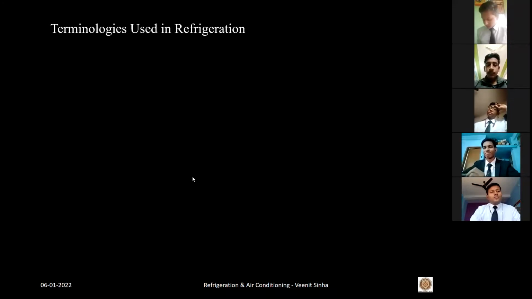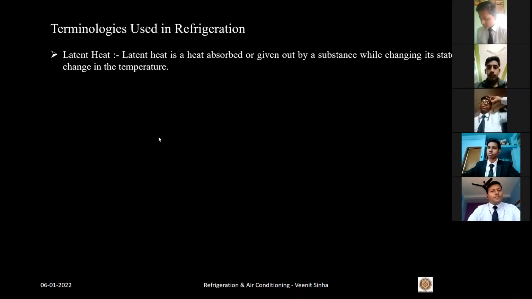Okay, now terminology used in refrigeration. Some basic terminologies, I think, I have already discussed a few when I was teaching you heat. First is latent heat. हमने discuss किया था. We have already discussed when we were having physical lectures.